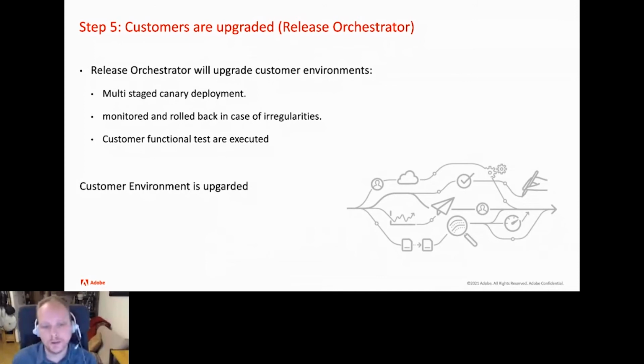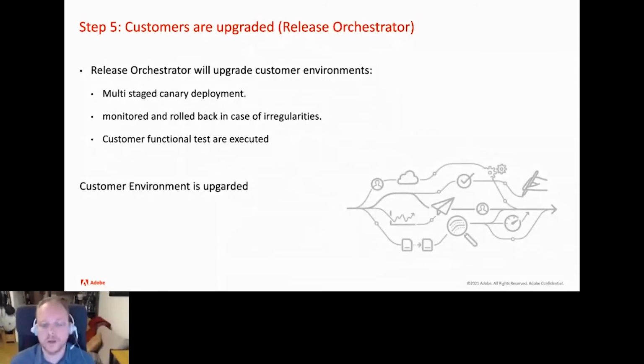If during these multiple phases we identify any problems in between, these changes are rolled back, and then we also analyze what's happening there. Again, very noticeable: at this point, Release Orchestrator also makes use of Cloud Manager to deploy this upgrade. This means that the customer functional tests are also executed.